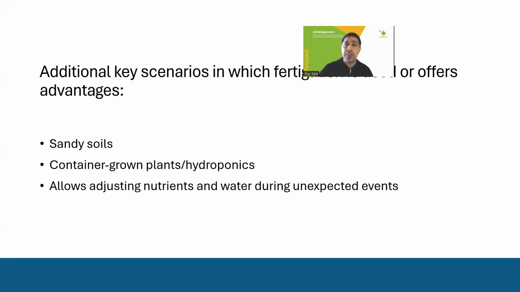Maybe we can reduce them and at least save money and better protect the environment. So there are different scenarios in which the flexibility in applying fertilizers, increasing or decreasing the rates, can be a benefit.